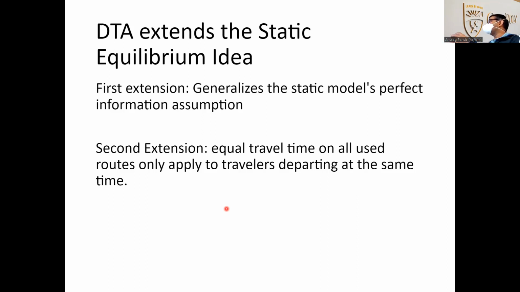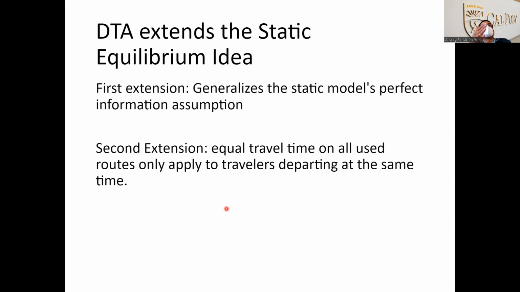I'm saying here, equal travel time on all used routes only applies to travelers departing at the same time and between the same OD pair. Obviously, that is a given, right? Same OD pair is a given even for static routes. Now that same time could be a 1 minute window, could be a 5 minute window, could be a 15-minute window, depending upon how detailed you want to get.